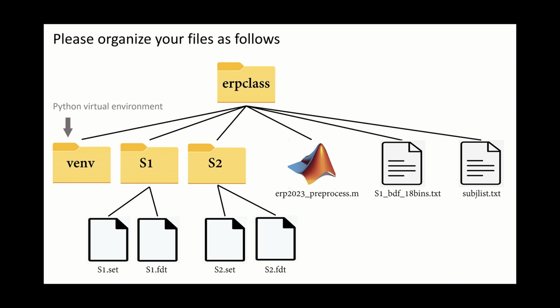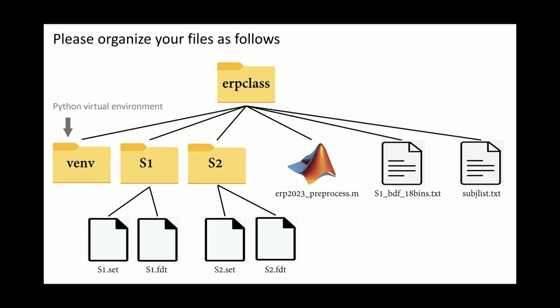And if your MATLAB happens to generate FDT files, then each and every one of your SET files is going to have an accompanying FDT file. So if your MATLAB generates FDT files, you're going to have an S1.set and an S1.fdt in the S1 folder.